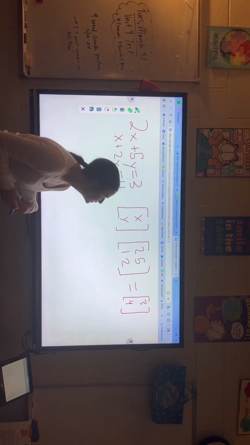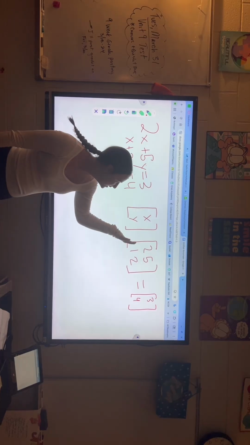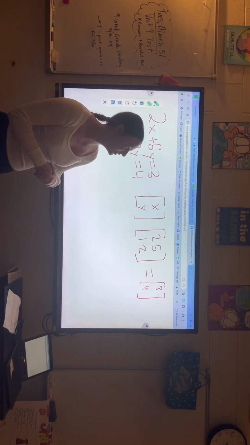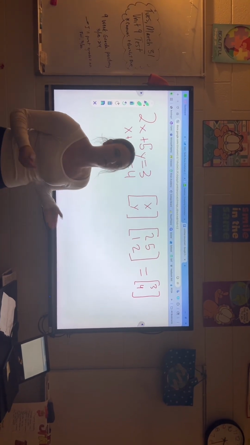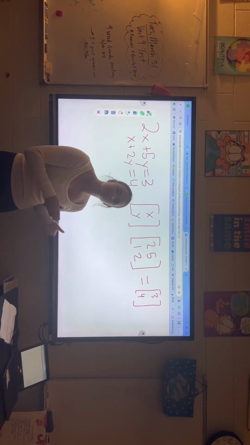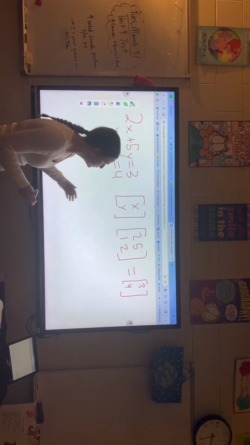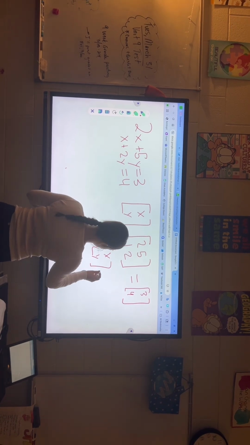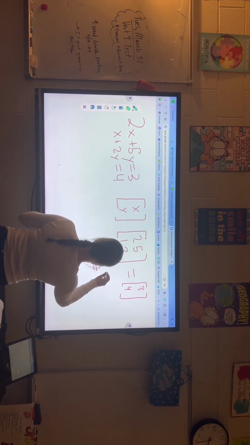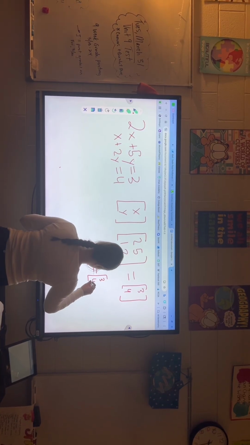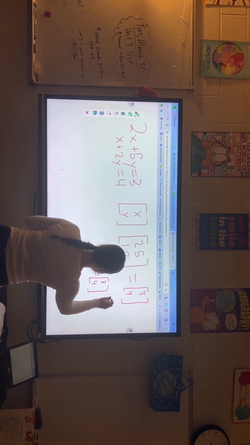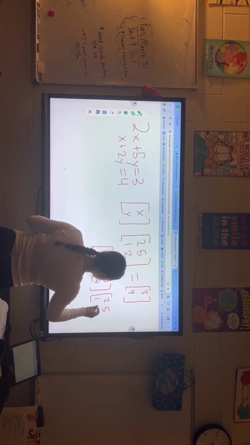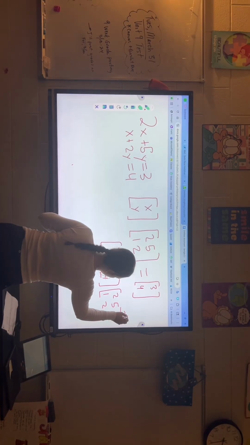Now, to solve for X and Y, you have to move this matrix over to the other side. But since we can't divide a matrix by another matrix, we have to make this one inverse. What that means is when you put it into Desmos, you just add a -1 at the top. So we're going to have X and Y equals our first matrix, 3 over 4, and then our second matrix is 2, 5, 1, 2, but with the -1.